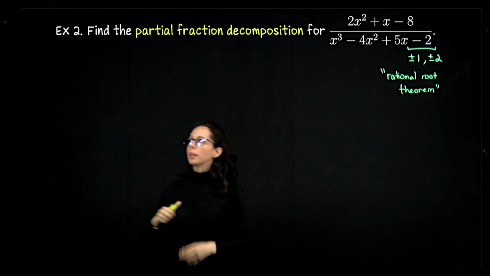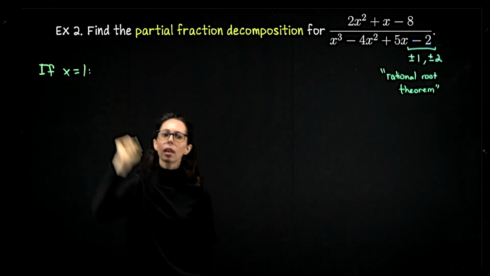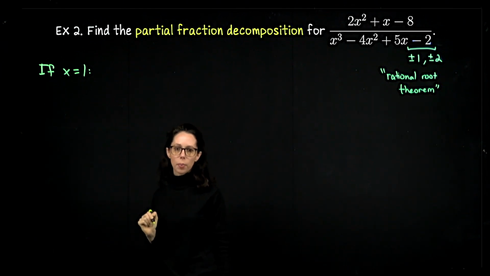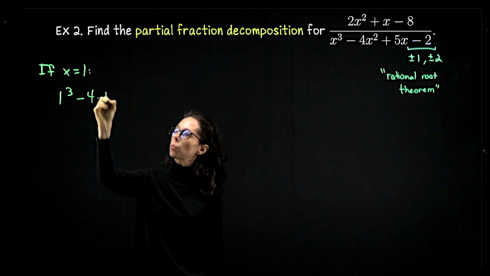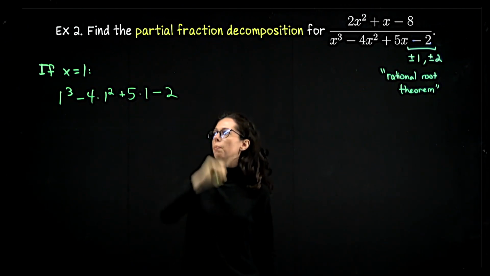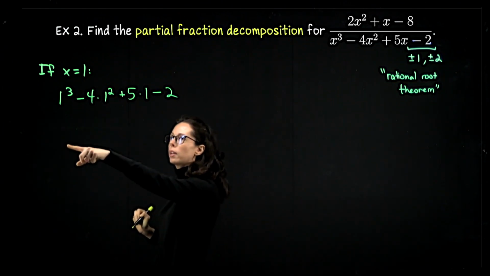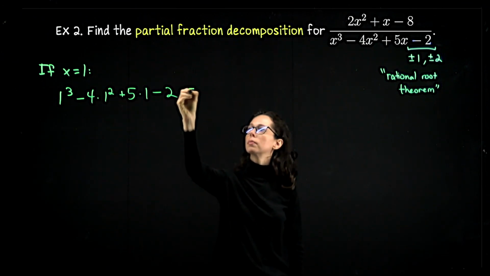What happens if x equals 1? Let's plug 1 into the polynomial in the denominator. We would have 1 cubed minus 4 times 1 squared plus 5 times 1 minus 2. So that's 1 minus 4 plus 5 minus 2. That is actually 0.